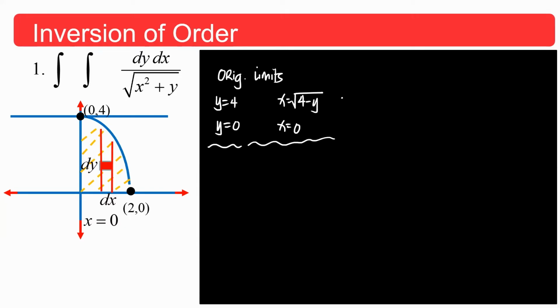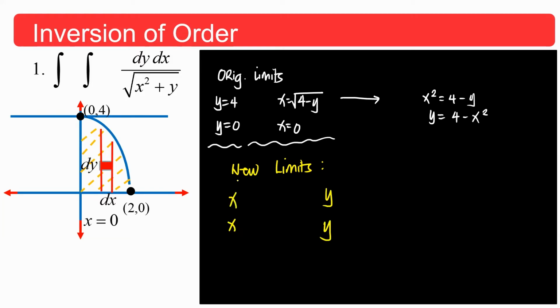So let's rewrite this. That means x squared equals 4 minus y, or y equals 4 minus x squared, right? If we are to rewrite that. So what will be the new limits? That means for the new limits, it has to be y and y, x and x, because we will invert the order.